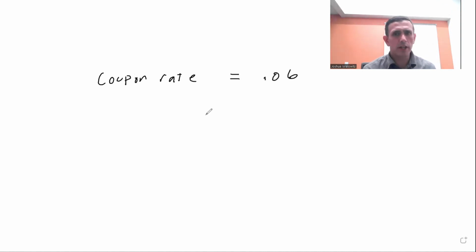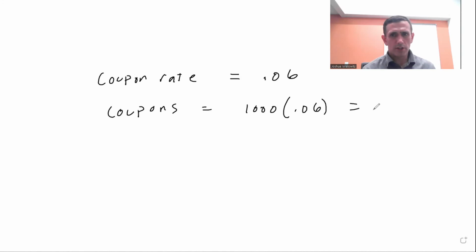This is 6% annual. So the face value is 1,000, so the coupon is 1,000 times 0.06, which is just 60. Okay.